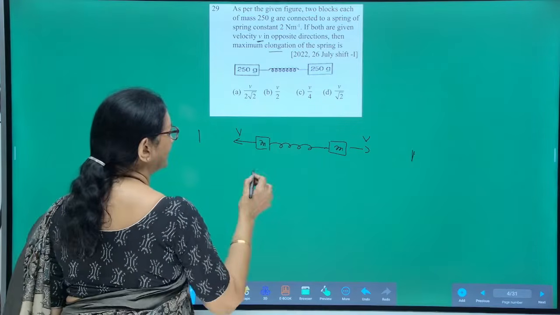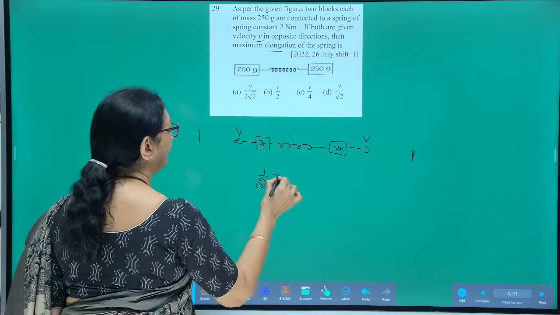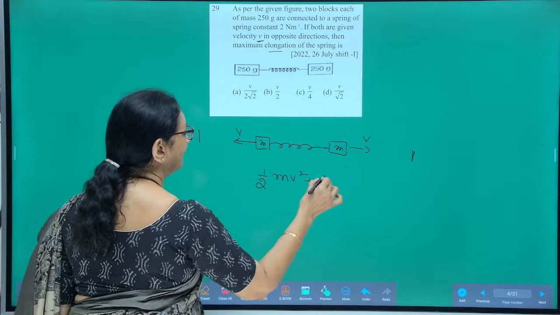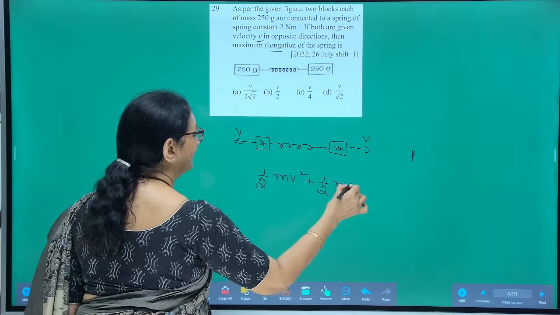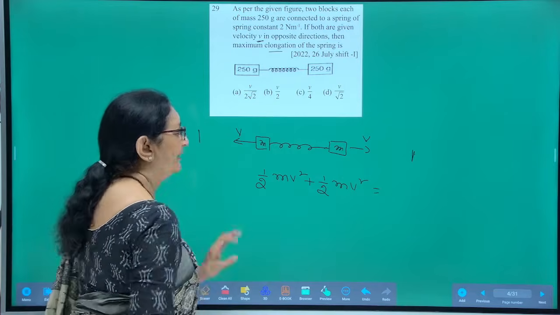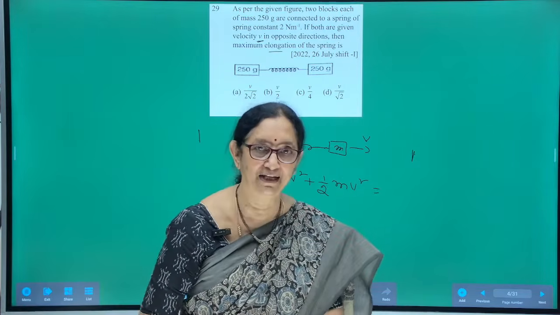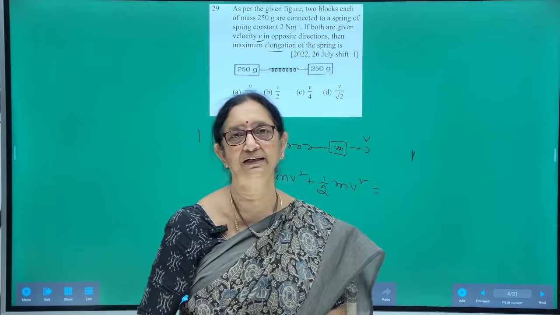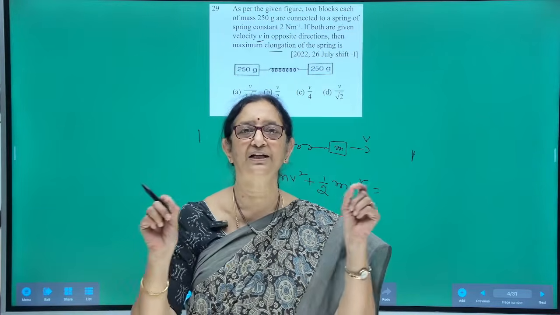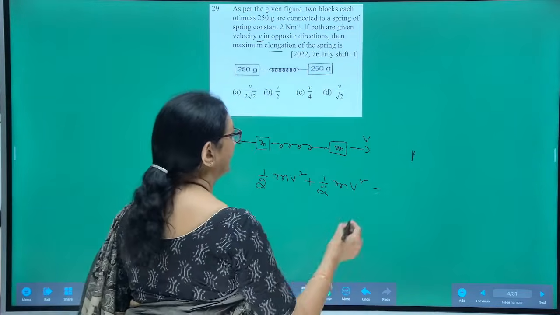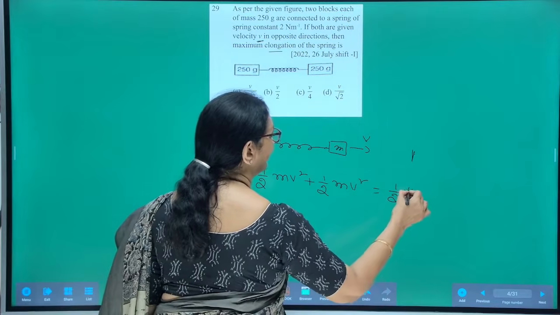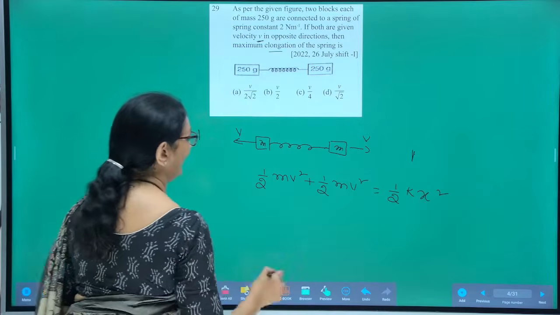So the lost kinetic energy in both cases is half m v square plus half m v square. This lost kinetic energy will be converted into the potential energy of the stretched spring. Here, the potential energy of a stretched spring is half k x square.